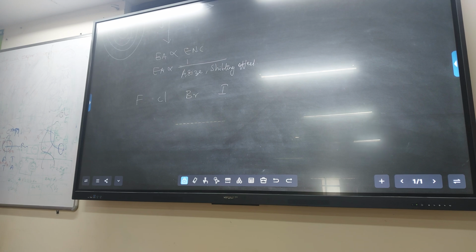F. Any other answer? Arrange the following halogens in either decreasing or increasing order of electron affinity. Which one is more?